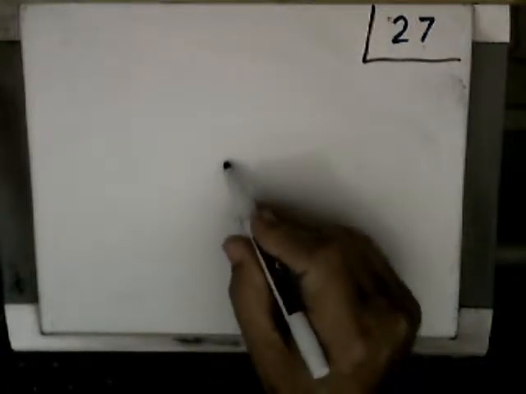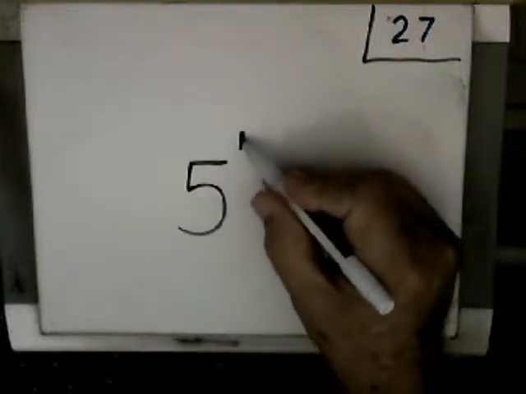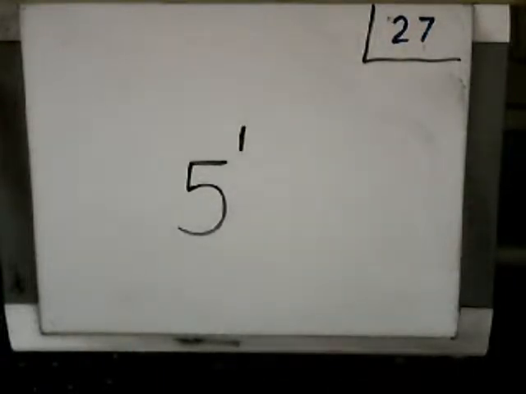What is an exponent? Well, if I were to just write down the number 5, it doesn't look like it has an exponent, but it does. There's a 1 up here. And since I know that to be true, I don't write it down. Any number has a 1.